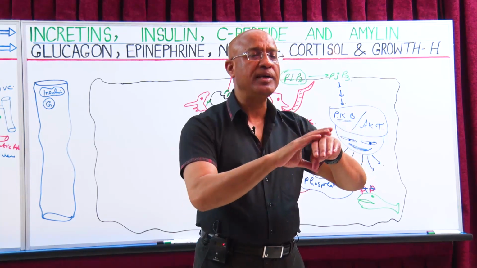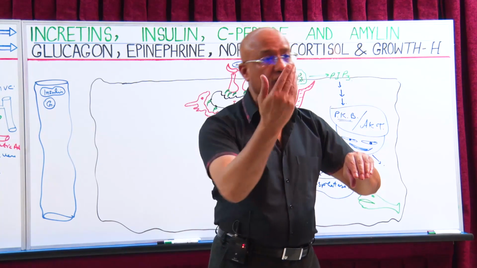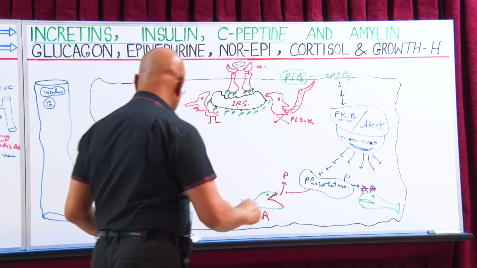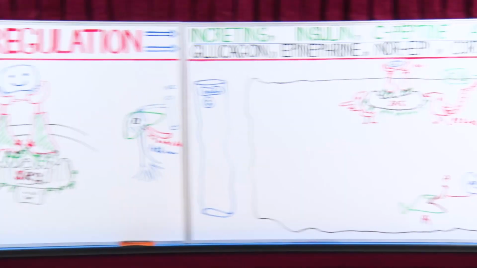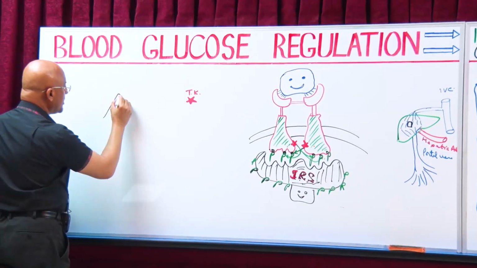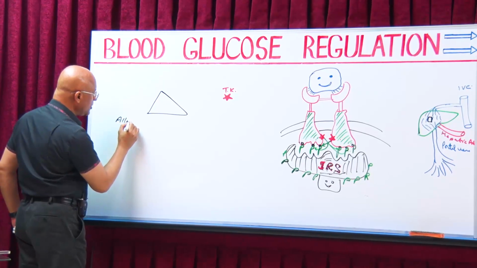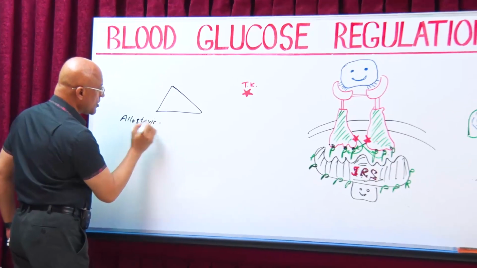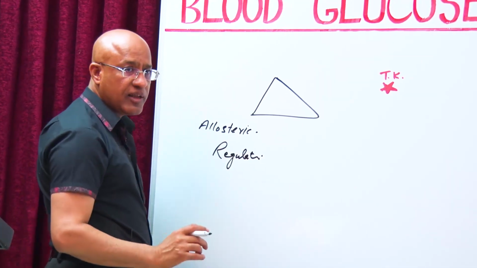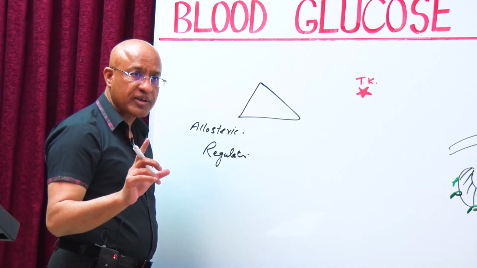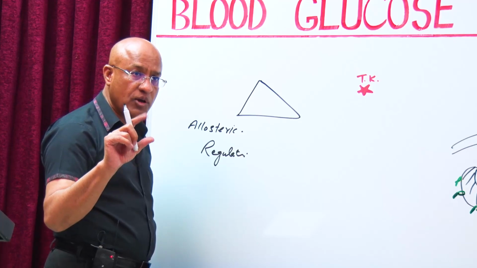And the third way of enzymatic activity alteration is to increase or decrease the concentration of the enzyme. So let me write here that enzyme functions can be altered in three ways. Number one is allosteric regulation, where a substance binds with an enzyme, but does not bind covalently, and changes its function.